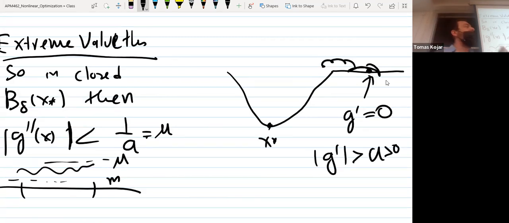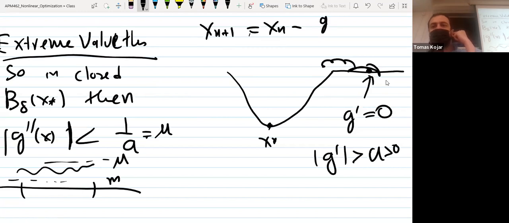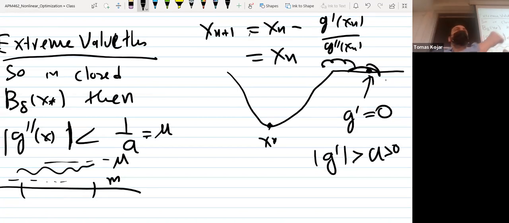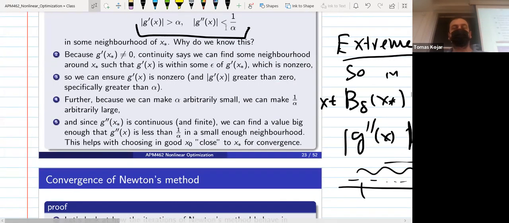Newton's method fails if that happens, because xn plus 1 is equal to xn minus G prime of xn over G double prime, but this guy is 0. So you're not making progress. Flat regions are bad. Newton's method fails. And the other bound we'll use next for convergence.